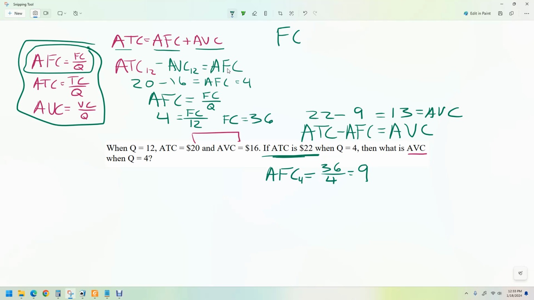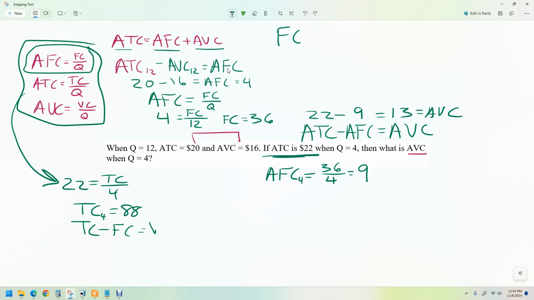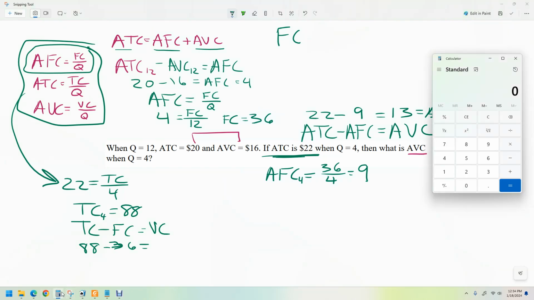If you rearrange this, you'd get 22 equals total cost over 4. Rearrange that: total cost of producing 4 units is 88. Total cost minus fixed cost equals our regular variable cost, so this would be 88 minus 36, and that equals 52.